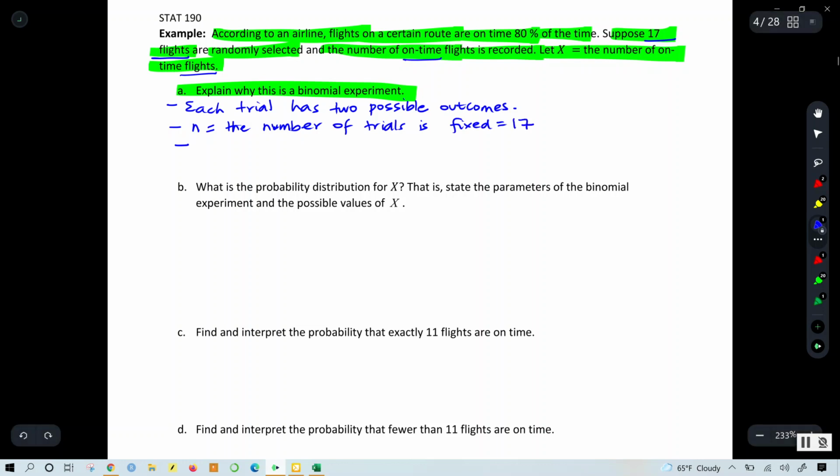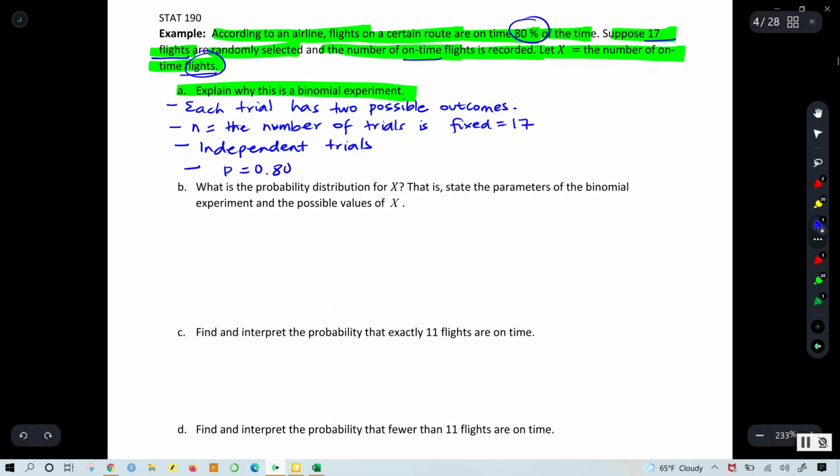Then, do we have independent trials? Well, that a particular flight is not on time does not dictate that the next flight will also not be on time or would be late. So in this case, you also have independent trials. And then last but not least, the probability that a particular flight will be on time is 80%.